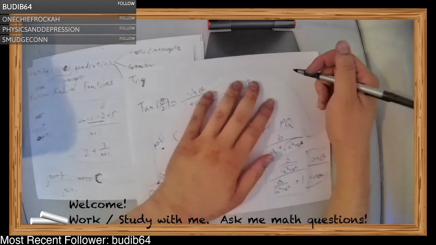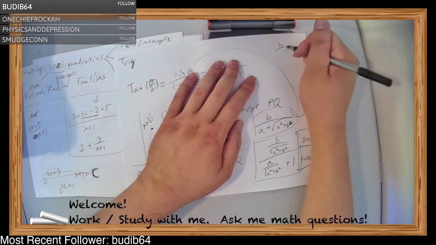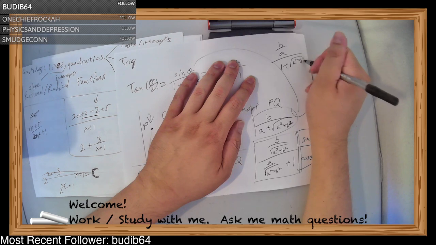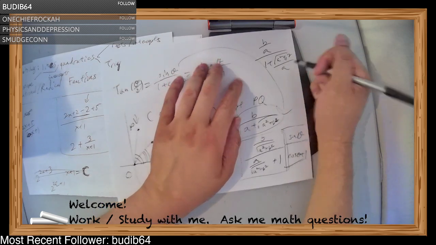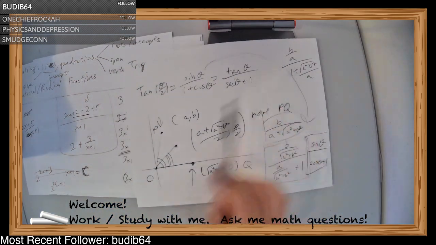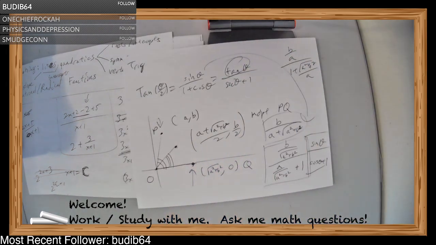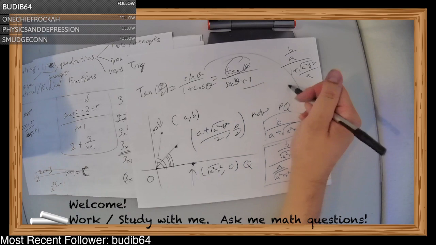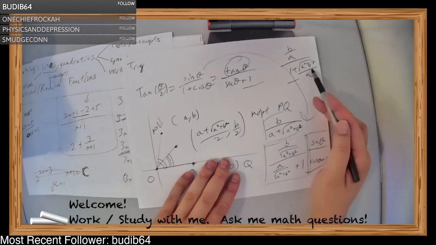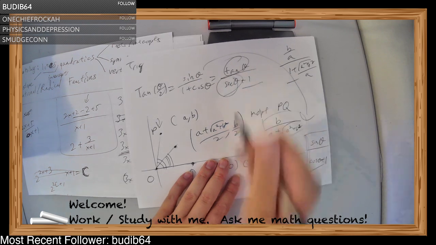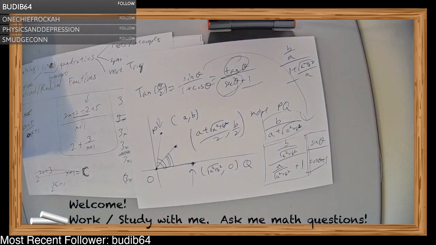So we get b over a over 1 plus square root of a squared plus b squared over a. Now b over a was tangent of the first thing, so that part is fine. The 1 matches the 1. And the square root of a squared plus b squared divided by a matches the secant. And there we go.